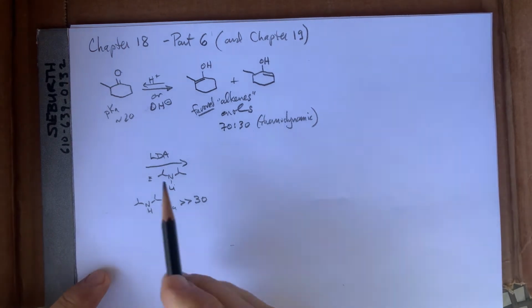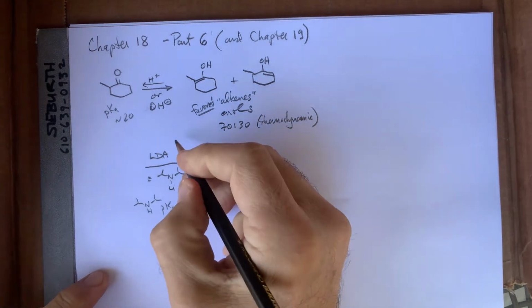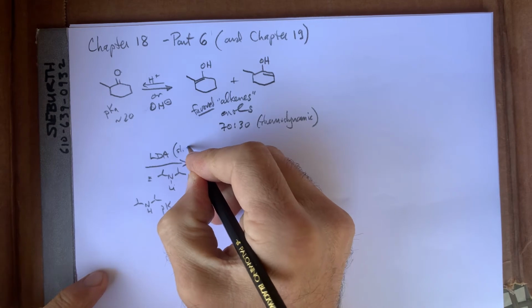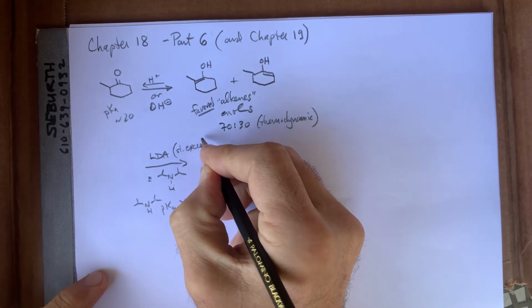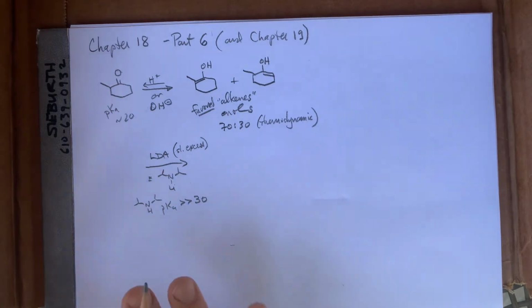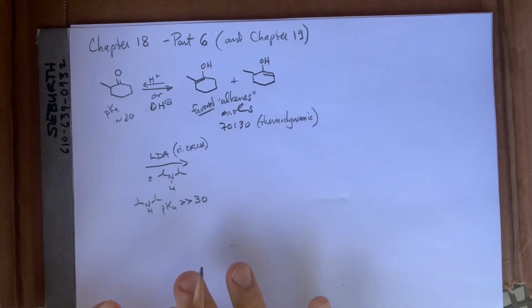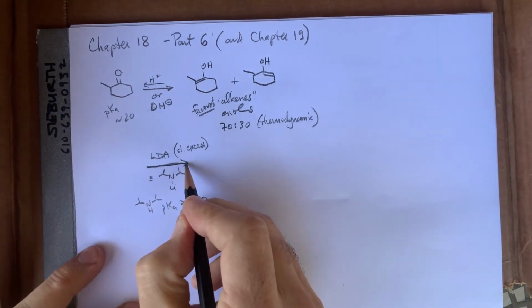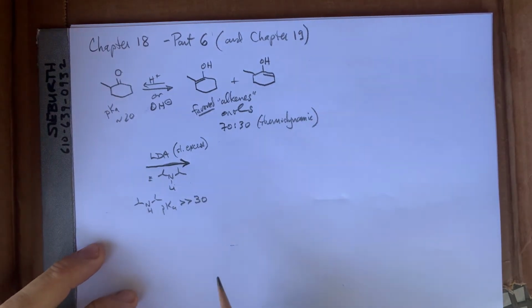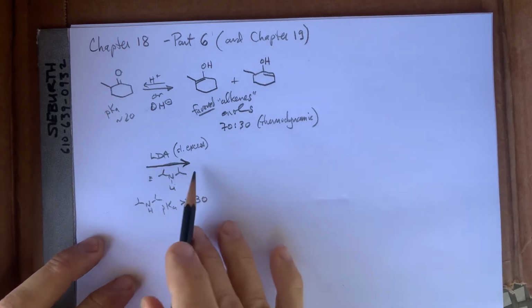So if you go in with a slight excess, so maybe 10%, something like that, you'll have this very strong base. Do the deprotonation, and it will be irreversible, right? 10 orders of magnitude or more in terms of any kind of equilibrium.